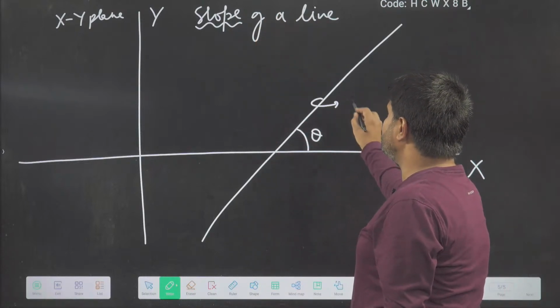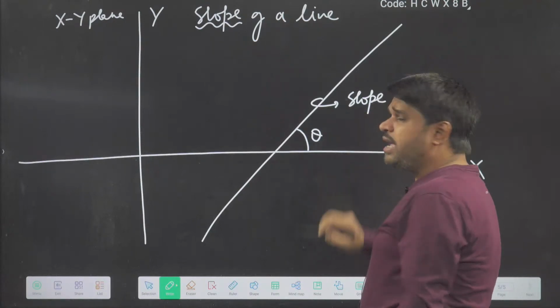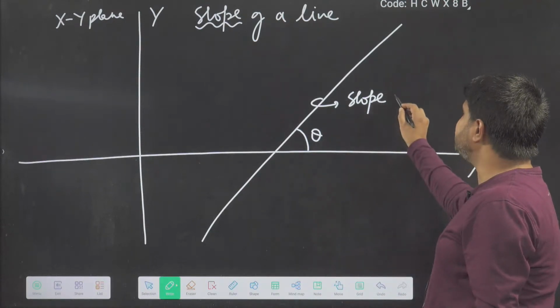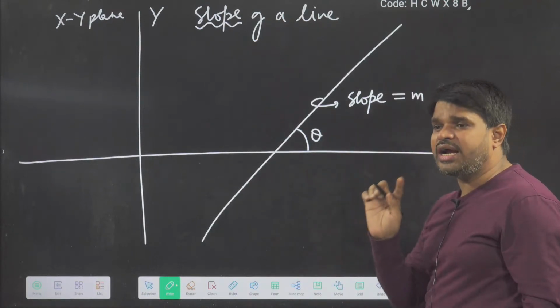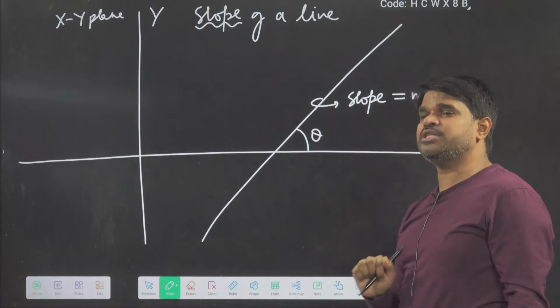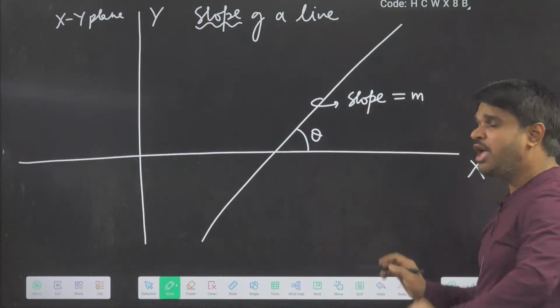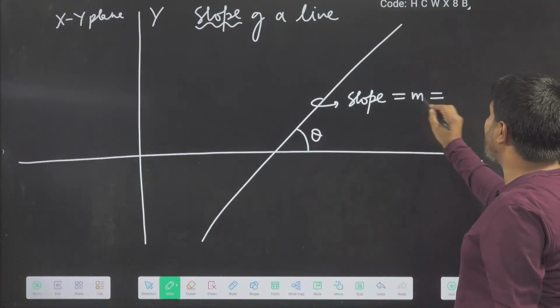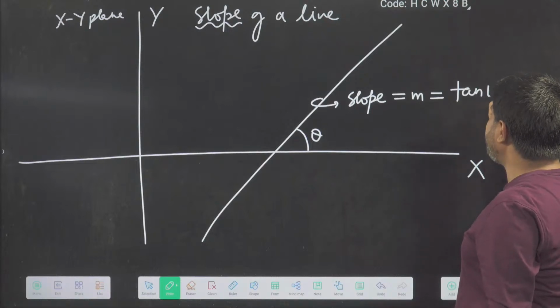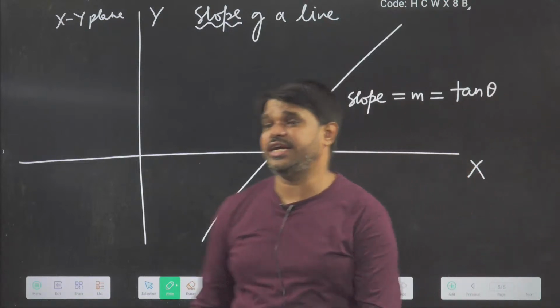Slope is denoted by the letter small m. So, what is the formula of slope of a line? Tan theta.